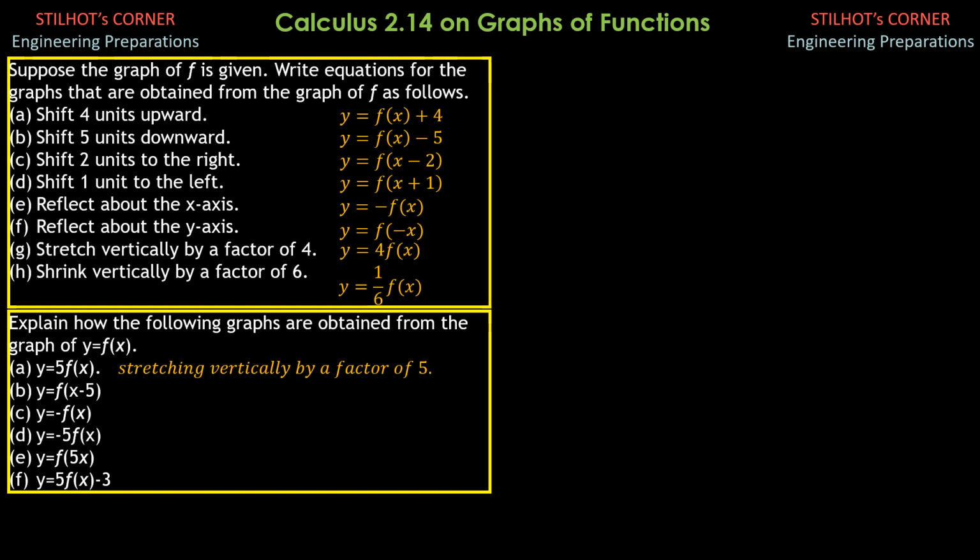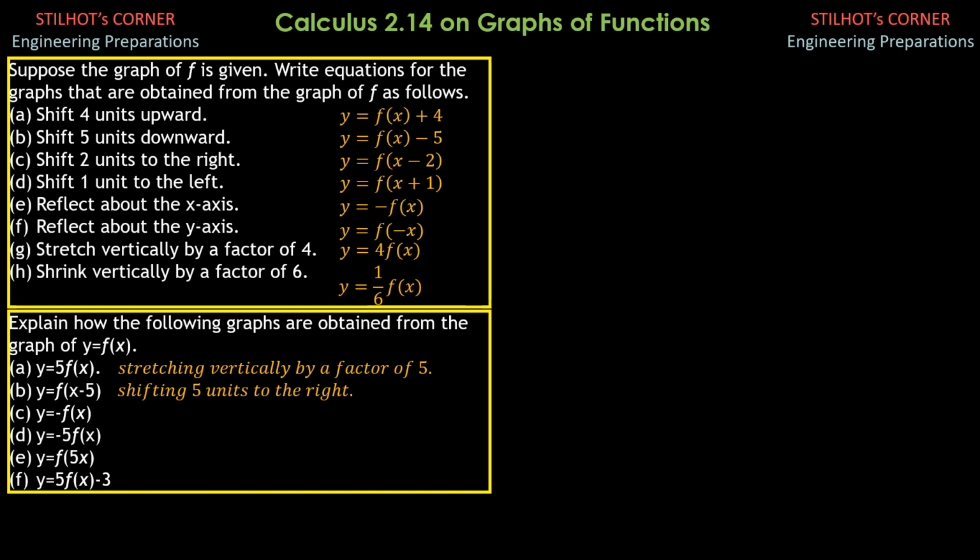Y equals f of x minus 5, just like here. So that means we have to shift the graph 5 units to the right.